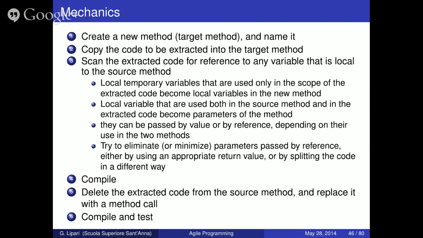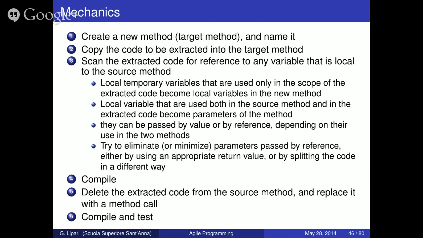So again, you select the code you want to extract. You create a new method, and the parameters of the method will be the parameters you need to pass to the method to make it work. Okay? And in particular, if there is a temporary variable that is used only in the scope of the extracted code, this becomes a local variable in the new method, so it doesn't become a parameter, of course.